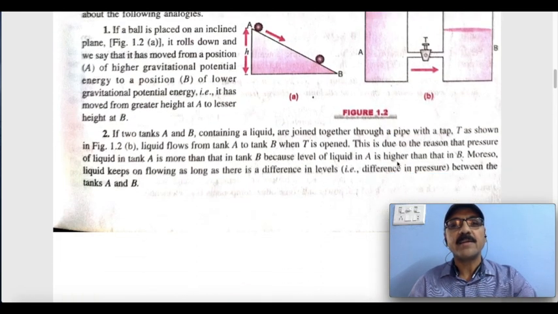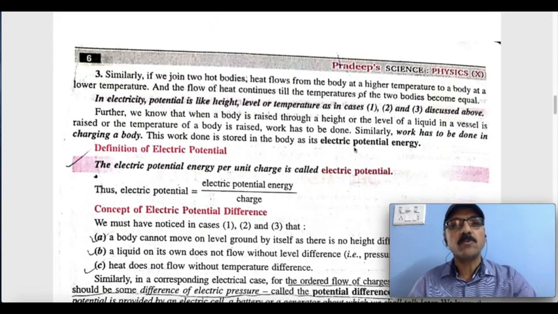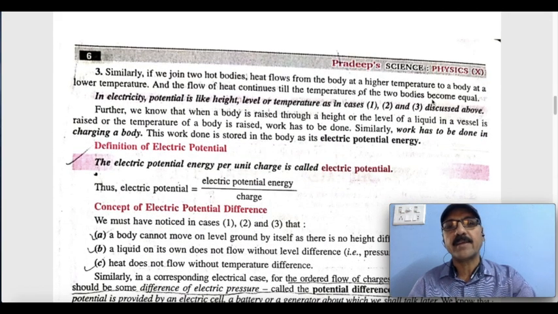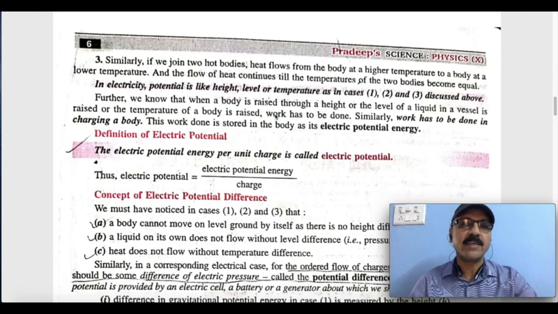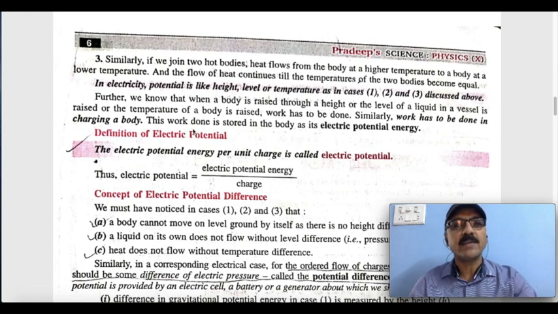In a third example, if two bodies of different temperature are connected, heat always flows from the higher temperature body to the lower temperature body. Similarly, electric potential is like height, level or temperature in cases 1 to 3. When two bodies of different potential are connected, charge always flows from the higher potential body to the lower potential body.